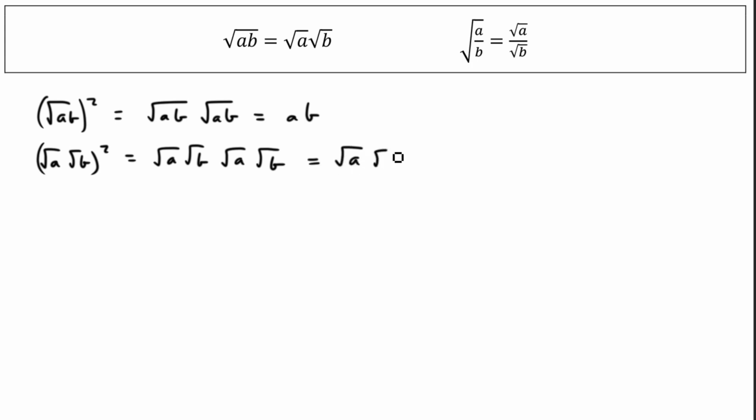If we put the 2 square root of a's at the beginning and the 2 square root of b's at the end, we will have root a times root a, which by definition is a, and root b times root b, which by definition is b. So squaring both of these things gives us the same answer, and therefore we have that the square root of ab is the same thing as the square root of a times the square root of b. The other identity can be proved in a very similar way.